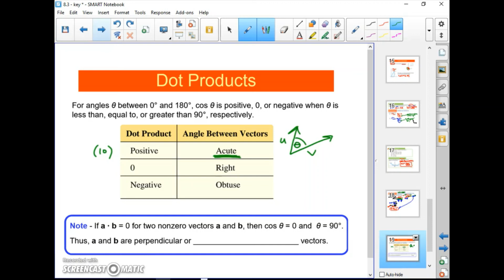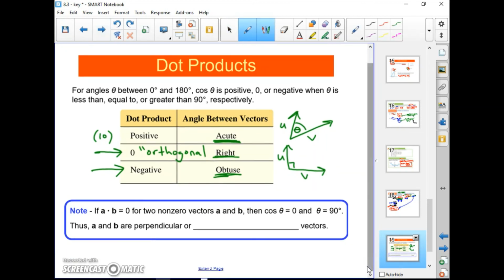If the dot product is 0, we call that orthogonal. And that's talking about a right angle, or a 90-degree angle in between the two vectors. So if this is vector u, and this is vector v, and that's a right angle, those two vectors would be orthogonal. And then if you would get a negative value for the dot product, that's going to be an obtuse angle.